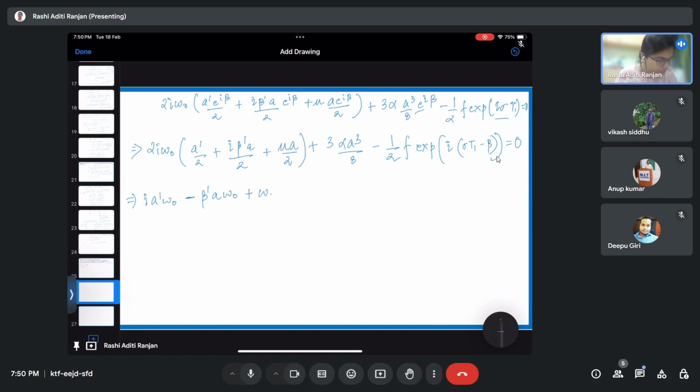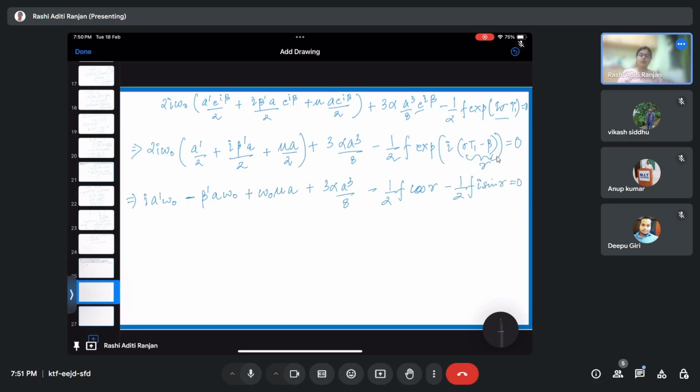Plus omega naught mu into a plus 3 alpha a cube by 8 minus 1 by 2 f. Let us assume this as gamma, cos of gamma minus half f I sine of gamma is equal to 0.